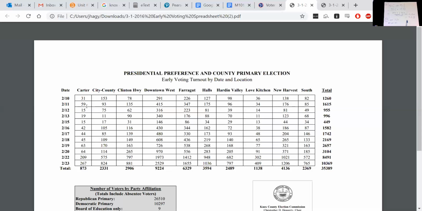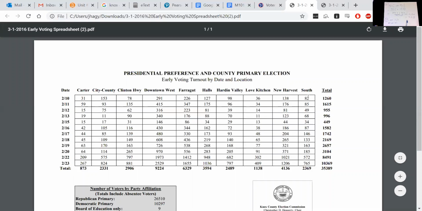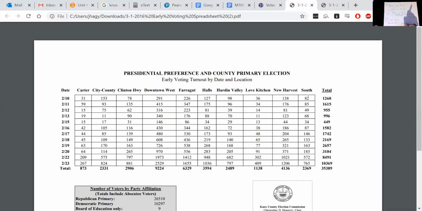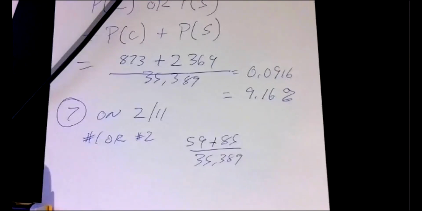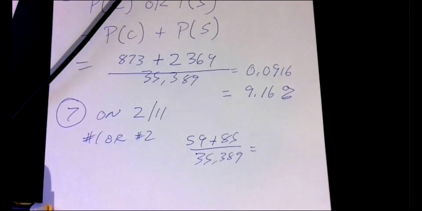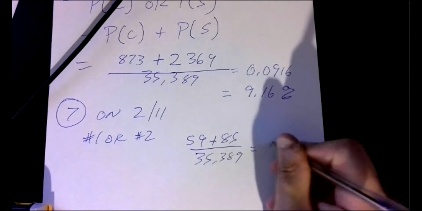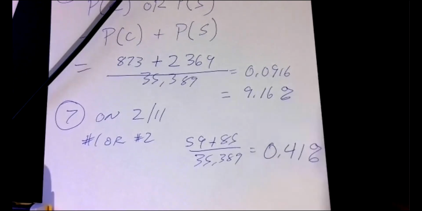There'll be 59 people from Carter, 85 people from South, so we'll add those together. That makes 0.41%. Moving on.